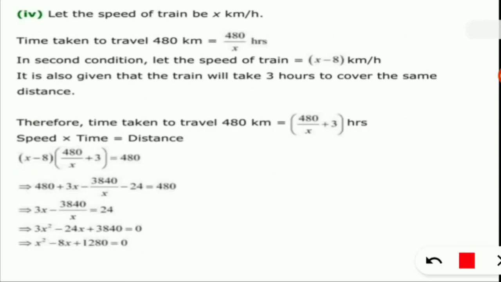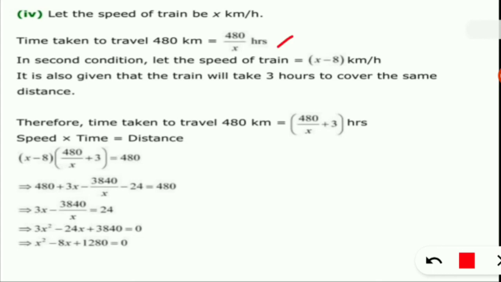So here let the speed of the train be x km per hour. Time taken to travel 480 km is equal to 480 divided by x hours, because we know that speed equals distance by time, so time equals distance by speed.